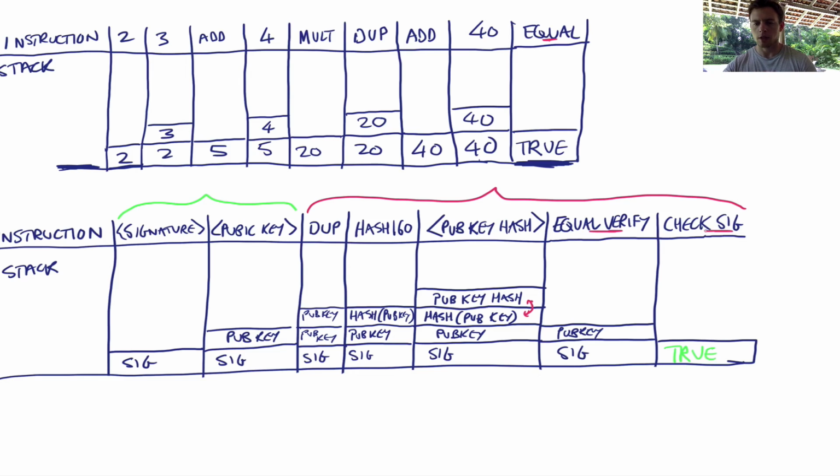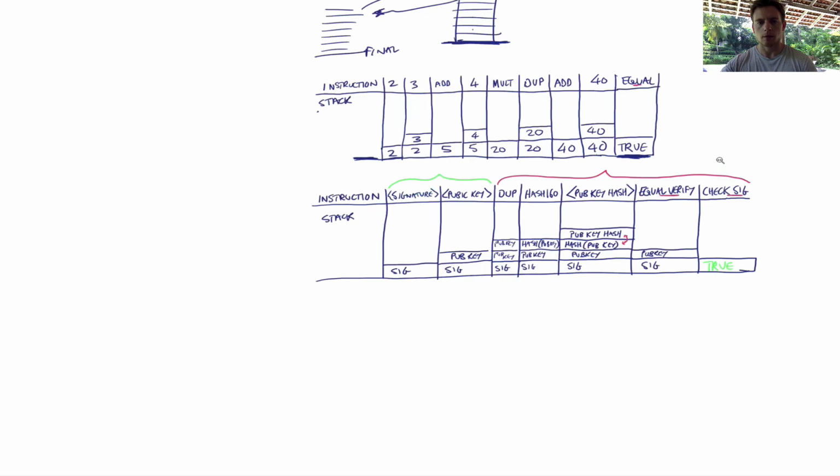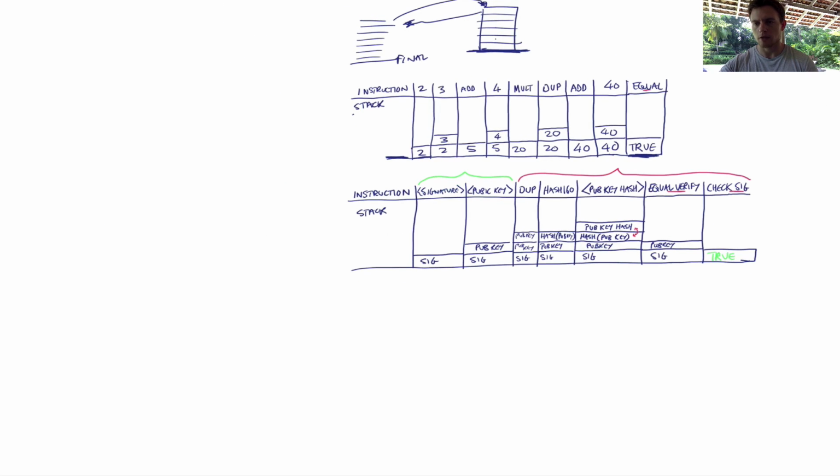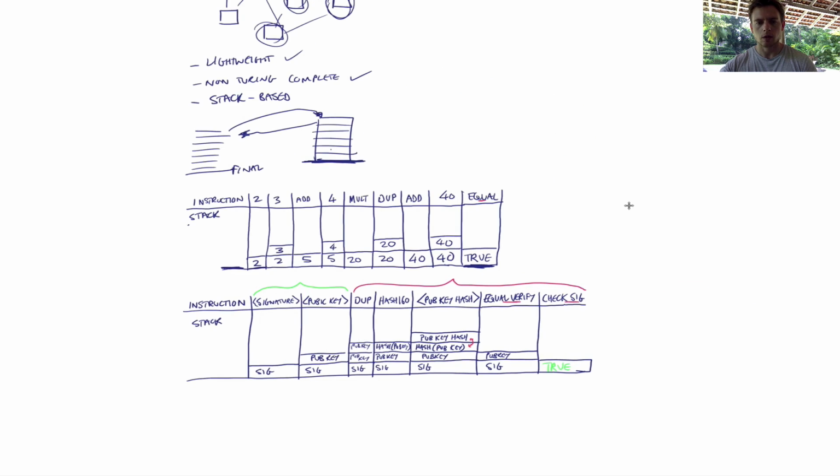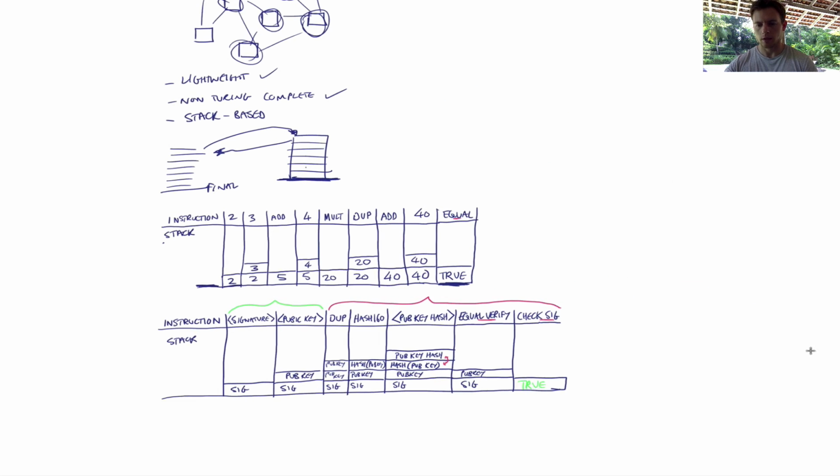It will return either true or false, and the Bitcoin node will agree to sign off the transaction as a valid transaction, as long as this value down here is true. So as long as this value is true, then all these nodes up here will consider at least this part of the validation to be correct, right?